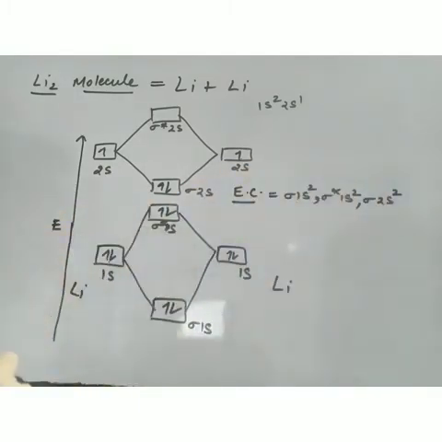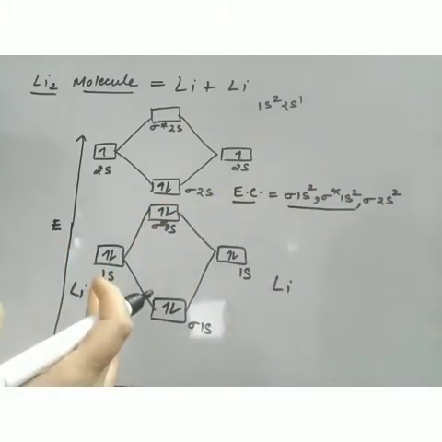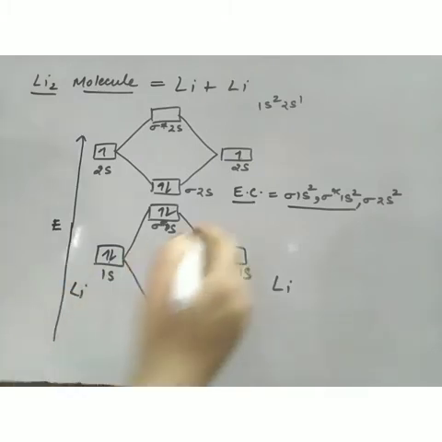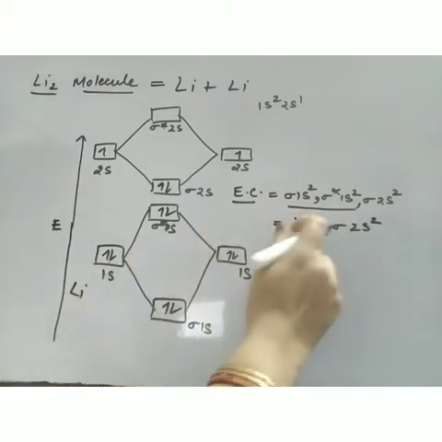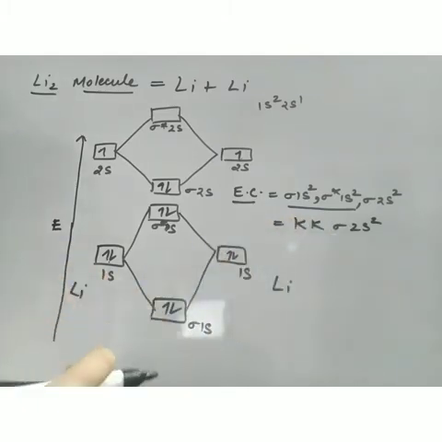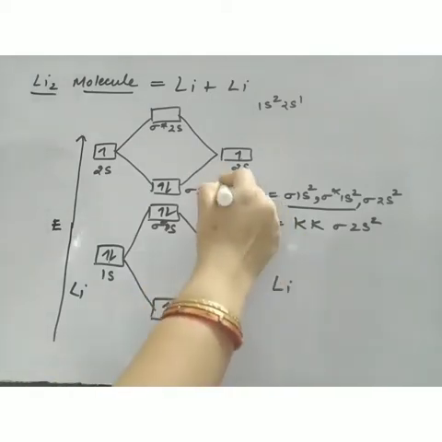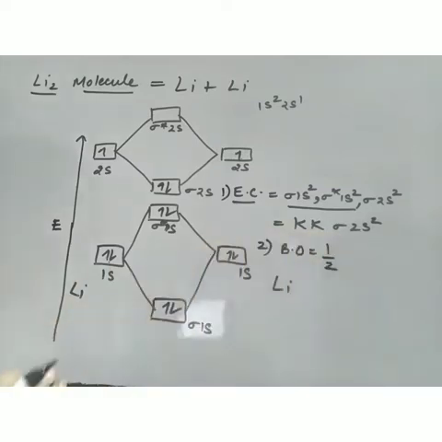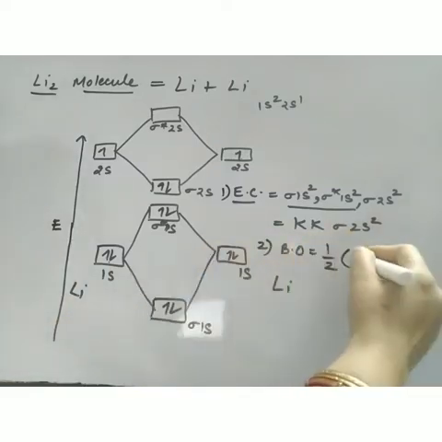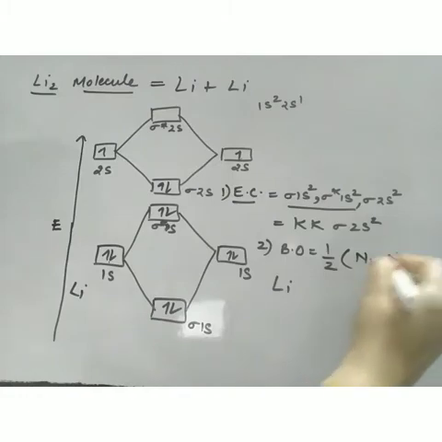Now this part of the configuration is that of helium, so we can shortcut it and write KK. What does this KK indicate? The K shell, the first shell, is fully filled. So this is a way to write the electronic configuration. The second thing is bond order, half into bonding minus anti-bonding electrons.